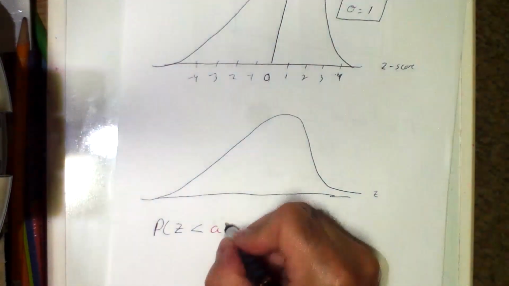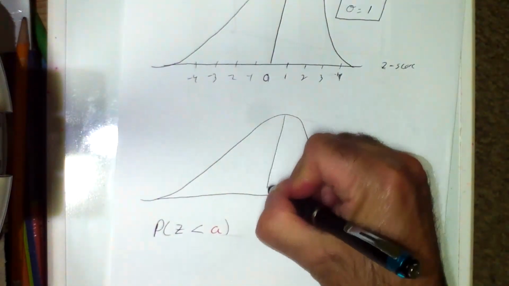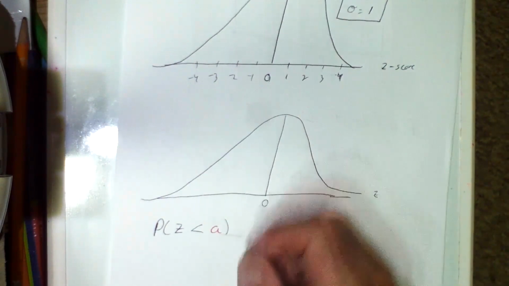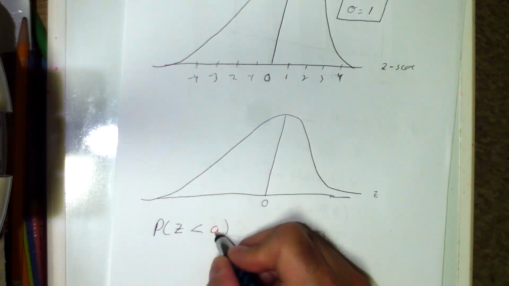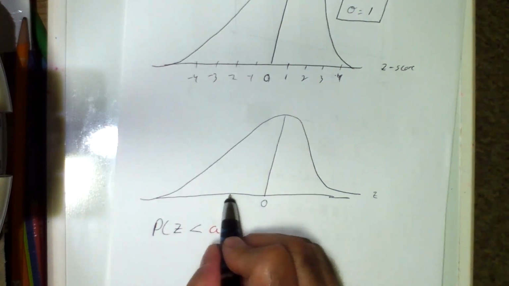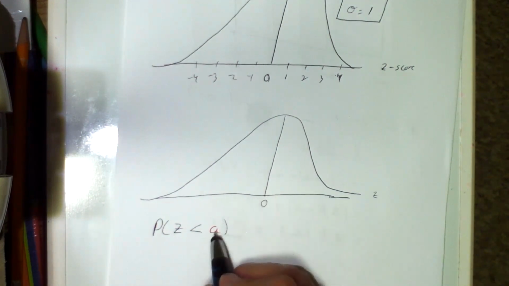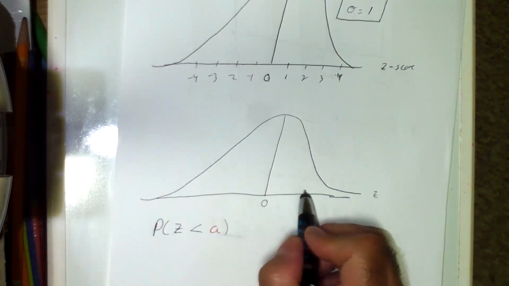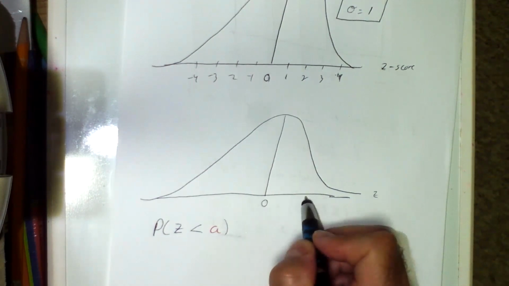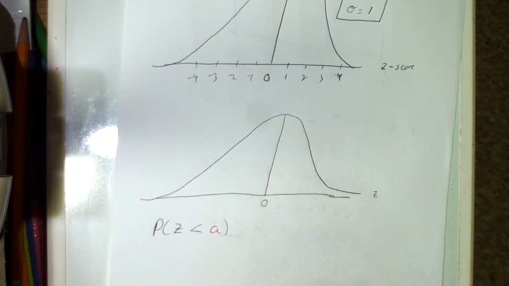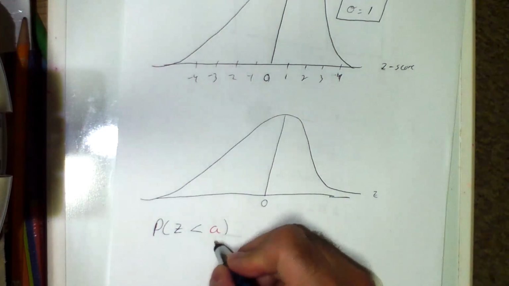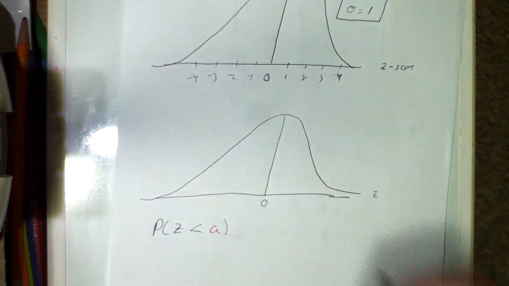In the middle again is 0. You have to keep track of the sign of the value A. It can be any number, positive or negative. If it's negative, you plot it on the left of 0. If A is positive, you plot it on the right of 0. You can more or less guesstimate where it belongs. Let's say, for example, A is positive.